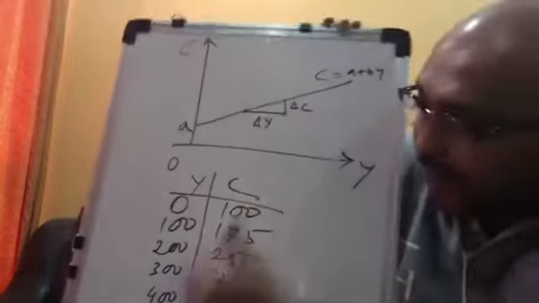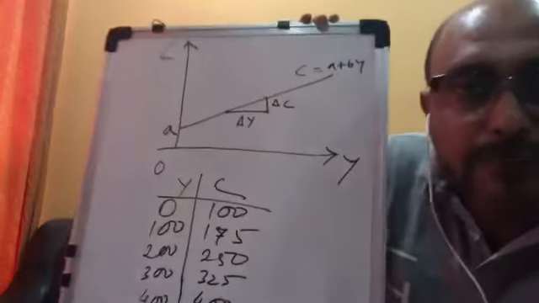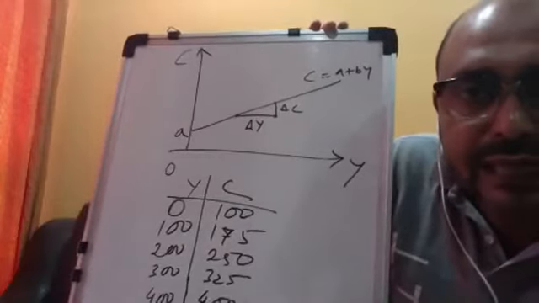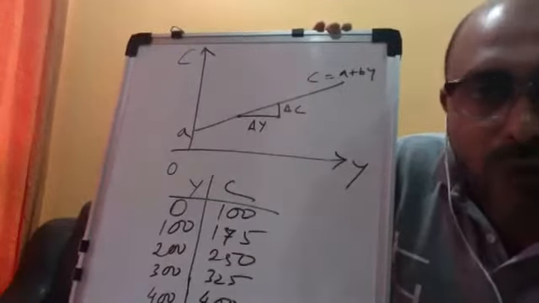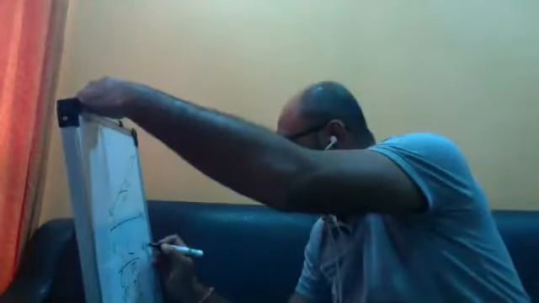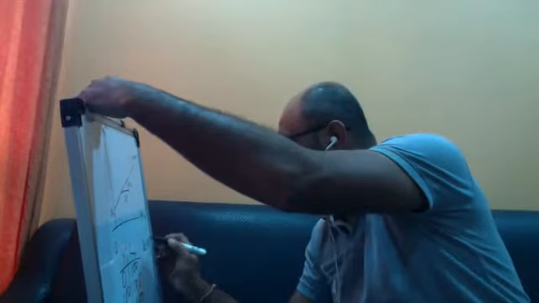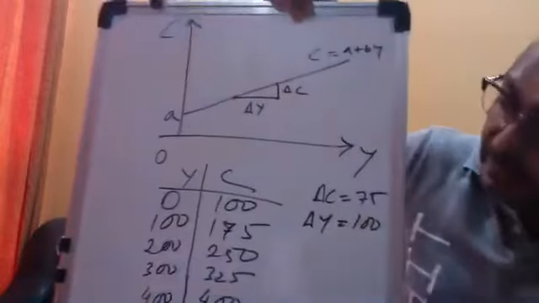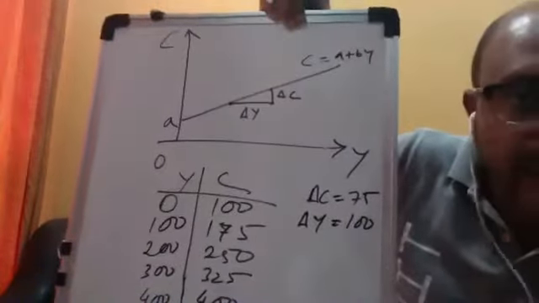Now how to find out B from here? B is what? MPC, marginal propensity to consume. That is delta C by delta Y. Okay. So delta C, let me write. See, delta C is 75, delta Y is 100.